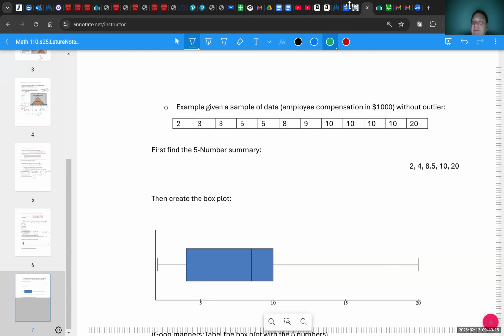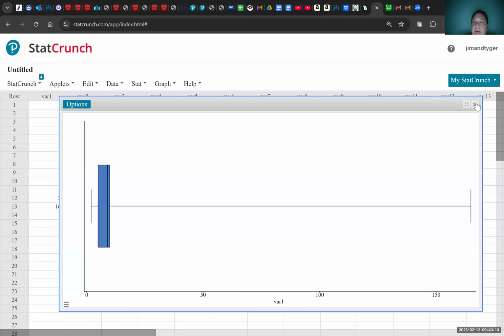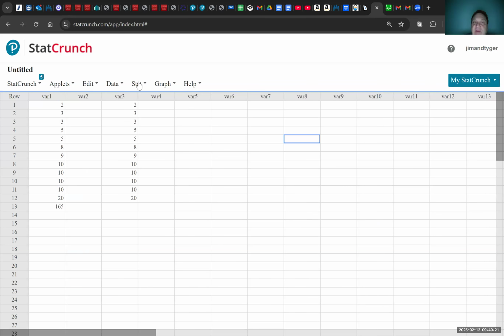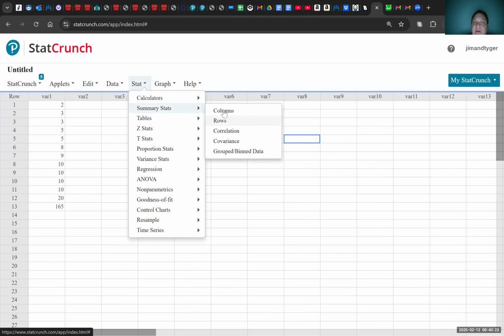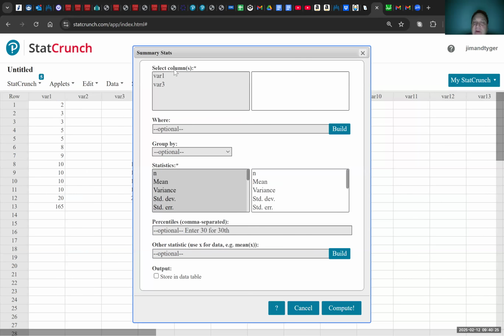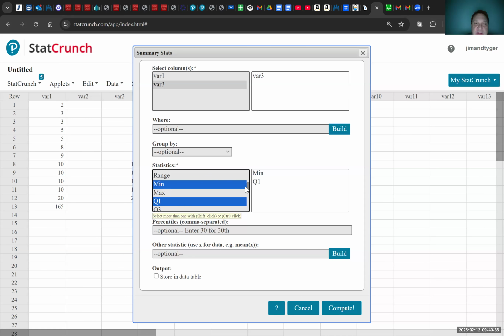You go to StatCrunch, summary stats, columns. And then you select var3, and you again do the minimum, then the Q1, the median, and then the Q3.